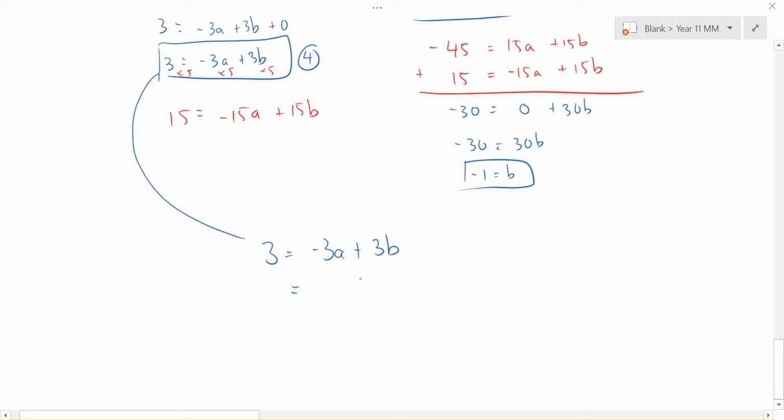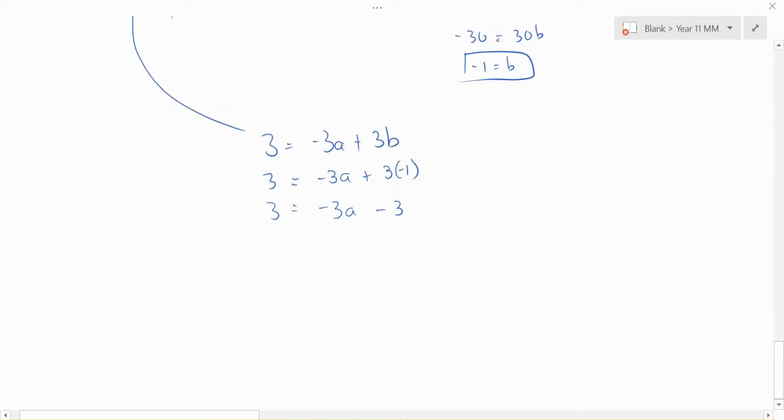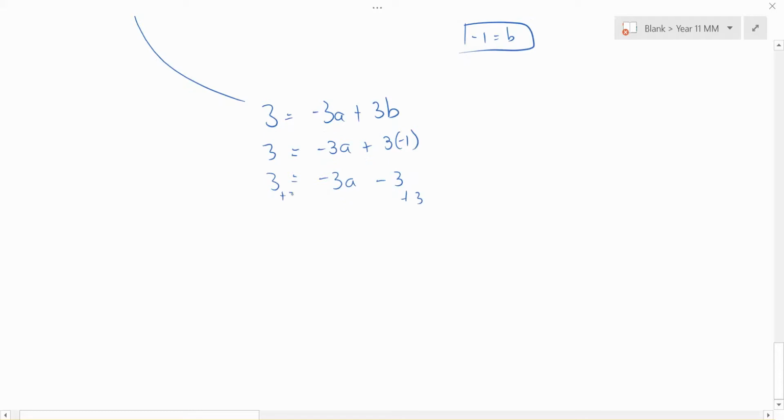But since b is negative 1, you get negative 3a plus 3 times negative 1. And that now gives me 3 is equal to negative 3a minus 3. Add 3 on both sides. Negative 3 plus 3 cancels out, so you get 6 equals negative 3a. Divide both sides by negative 3, and you get a equals negative 2.